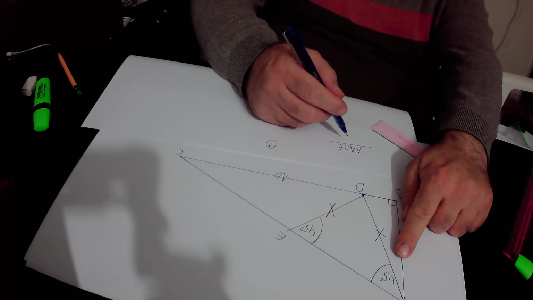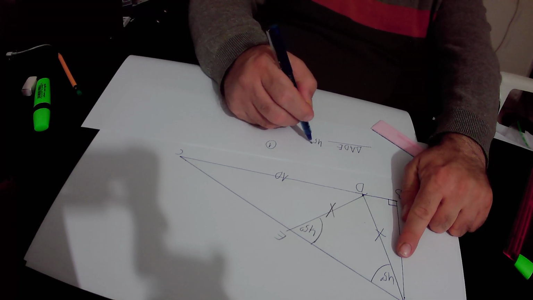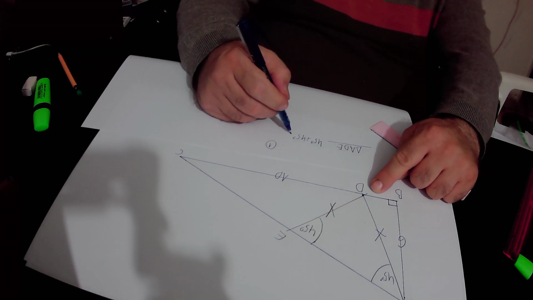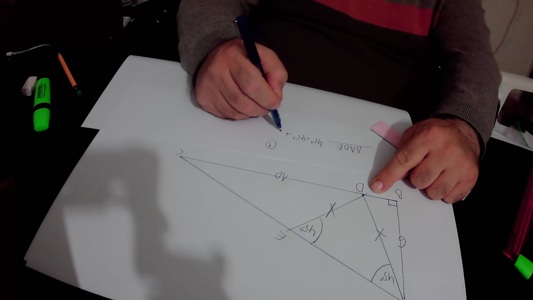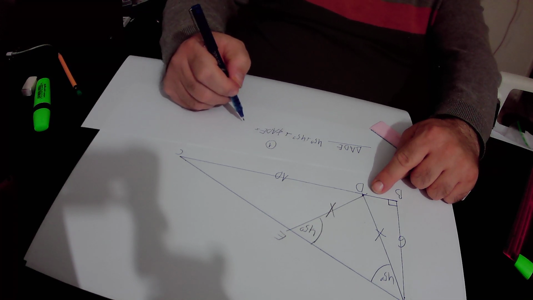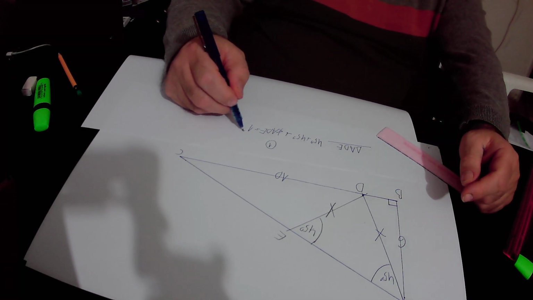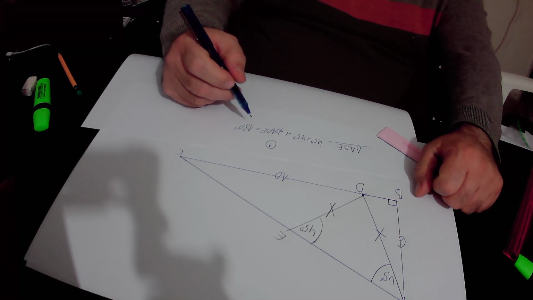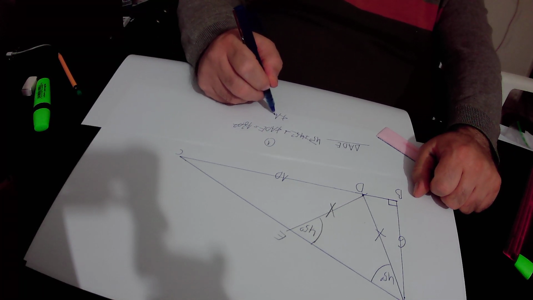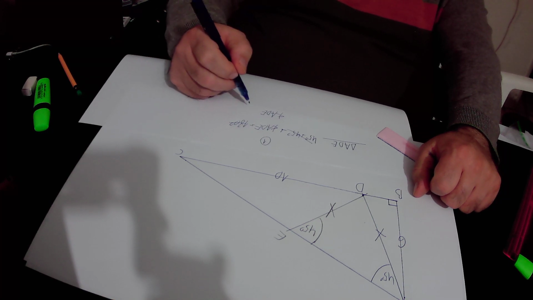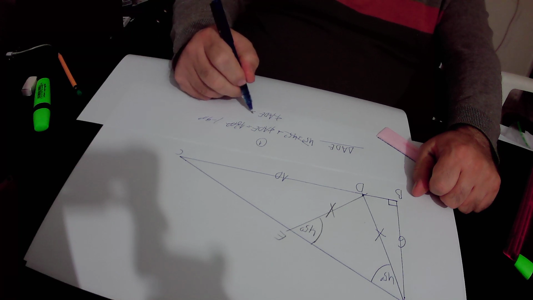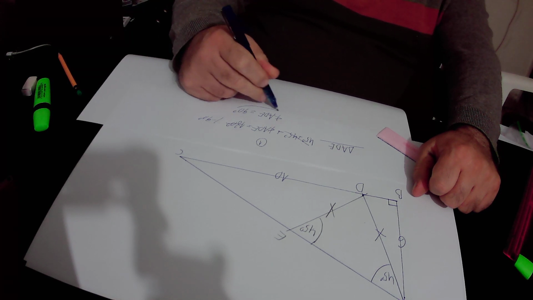Here we have 45 degrees plus 45 degrees plus the size of the third angle, that is angle ADE. In total, the sum of those three angles must be equal to 180 degrees. We will subtract 90 degrees from this equation and we will get that angle ADE, the missing angle, equals 180 degrees minus 90 degrees. It is 90 degrees. So we found out that angle ADE is a right angle.